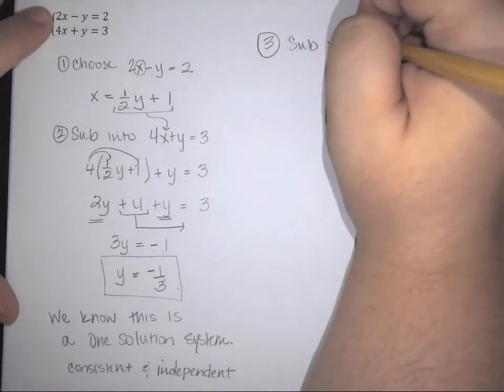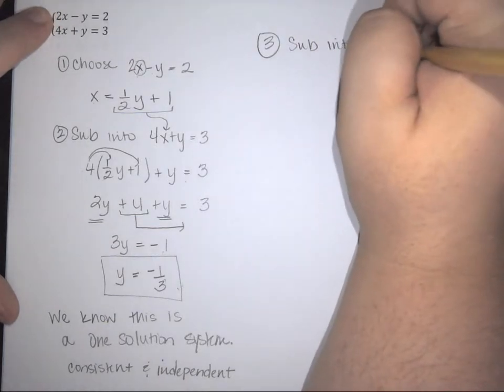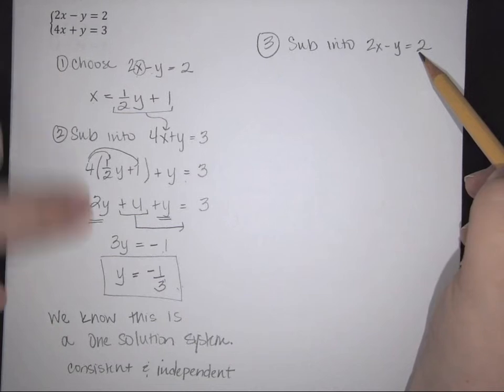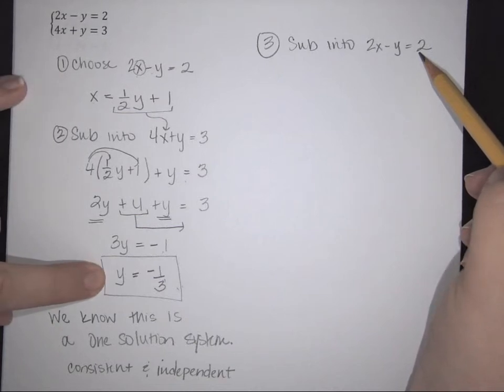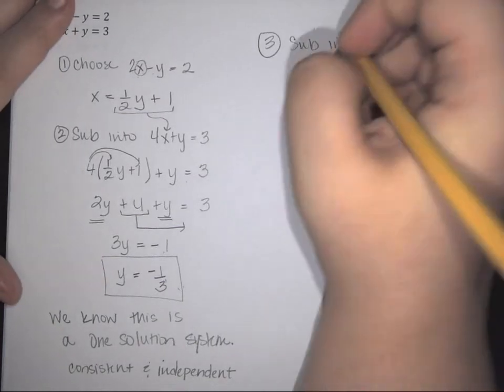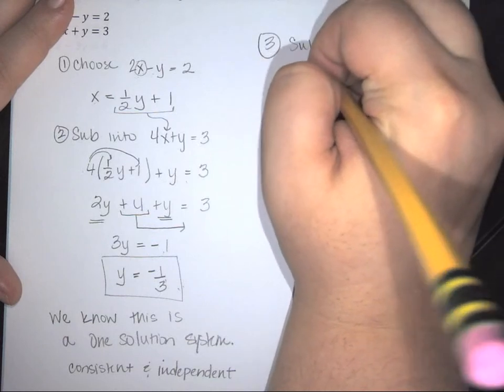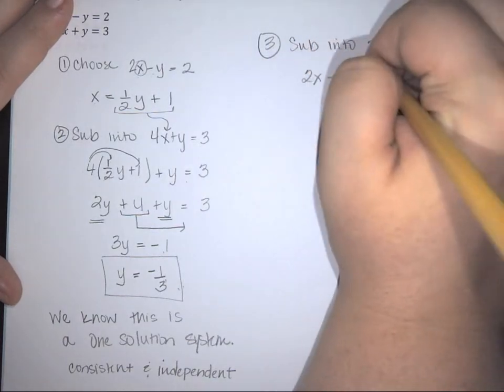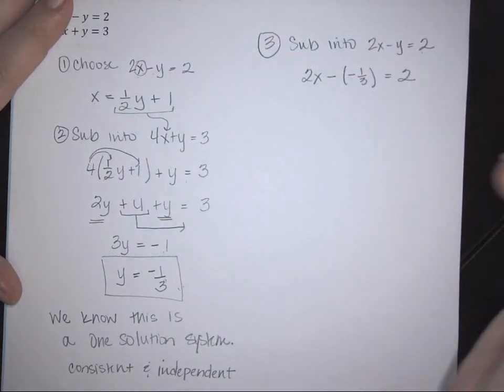So that would be the 2x minus y equals 2. So in other words, you're going to substitute into wherever you started. So here we had solved for y, so we got to substitute for y. So this becomes 2x minus, this was a negative 1/3, equals 2.